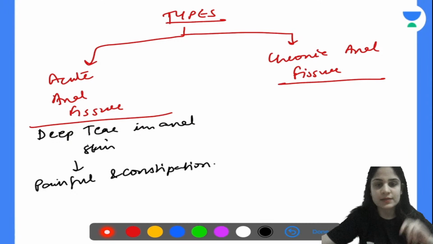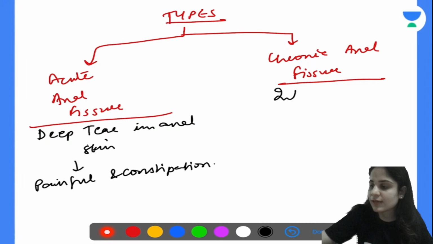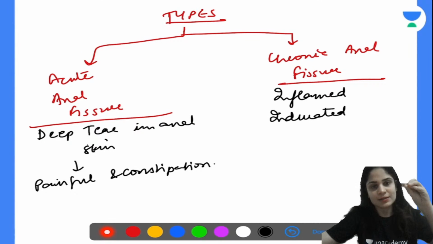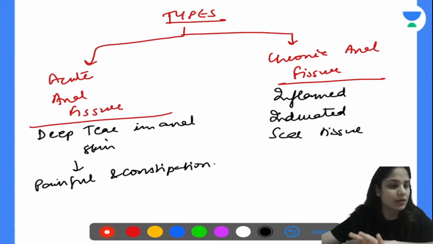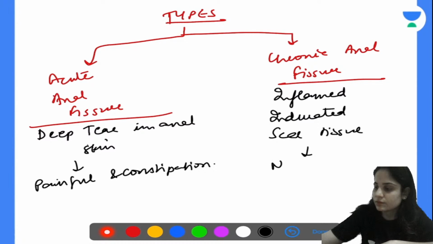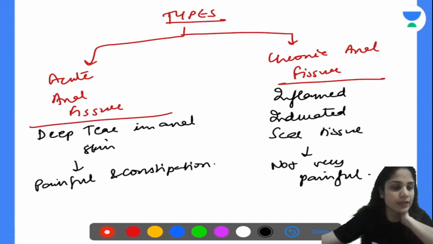It is inflamed and granulation tissue is formed, so it is inflamed, indurated scar tissue. It basically goes from an ulcer to a scar. So this is not very painful, and the patient can go about his normal defecation without much discomfort in case of a chronic anal fissure.